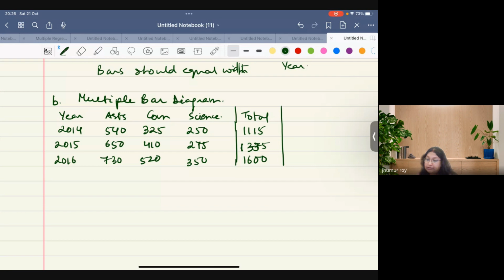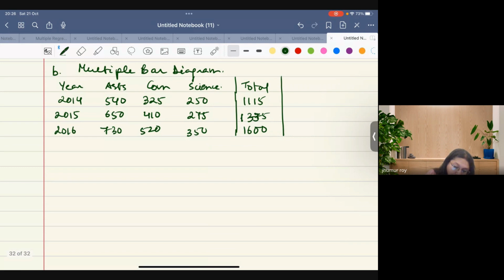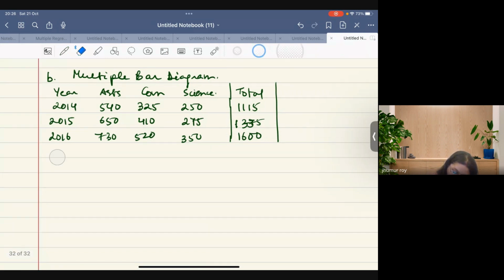So you can either take it year wise, or you can also take it in terms of whether they are from arts or commerce or science. That also we can draw. So I'll just show you that. Suppose the diagram that you draw over here can be of two types.